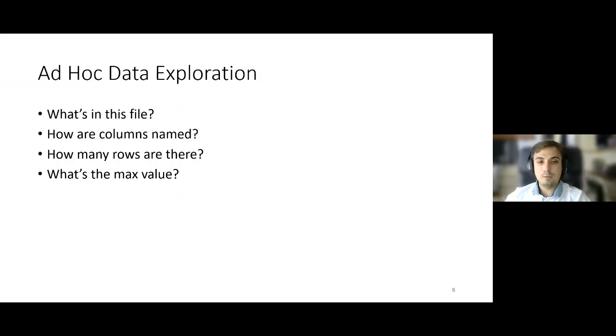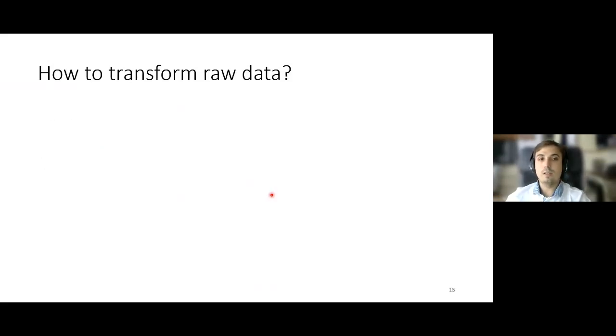And now I would like to show you our second scenario, which is the data transformation scenario. So let's imagine that we have some file or data set that we want to transform and utilize the most of in some way.